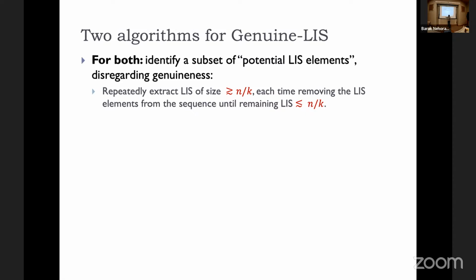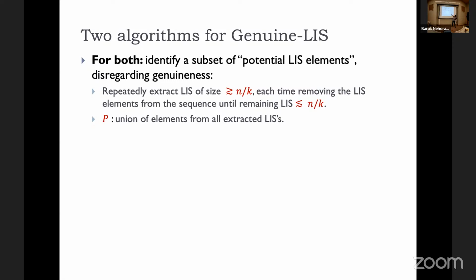As long as our sequence has an LIS, disregarding genuineness, of length about n/k, which is our assumption, we take those elements, remove them from the sequence, and continue doing that until there is no more long enough LIS. The set P is the union of these elements. The set P is guaranteed to contain a large fraction of the genuine LIS. Okay?